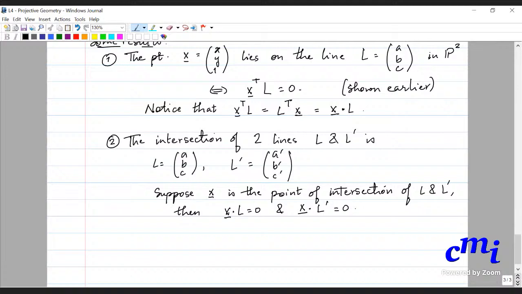That should be 0, the dot product with L plus L prime. But that does not necessarily say that x dot L and x dot L prime both should be 0. So yeah, that should be.